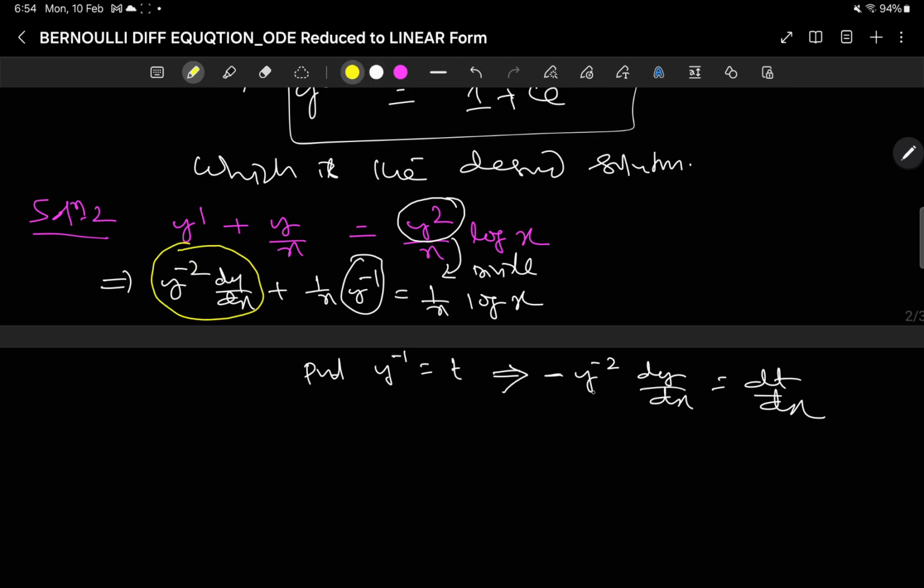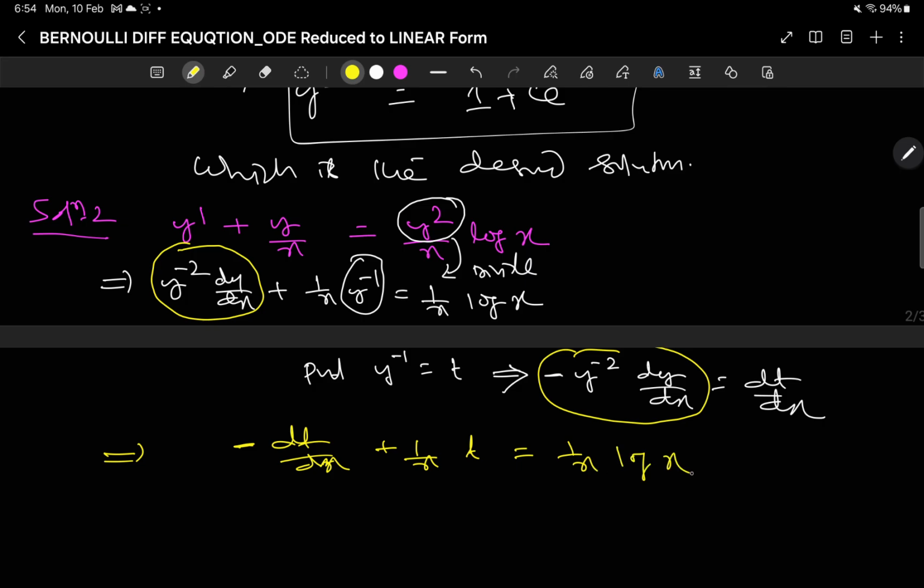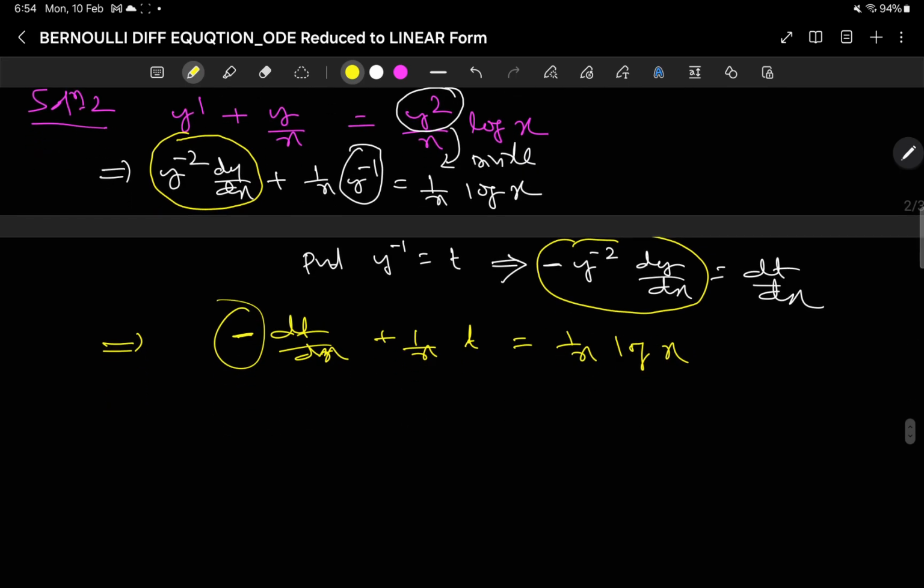There is a minus sign here, so minus of dt by dx plus 1 by x t is equal to 1 by x log x. I just remove this minus sign, so dt by dx plus minus 1 by x t is equal to minus of 1 by x log x.